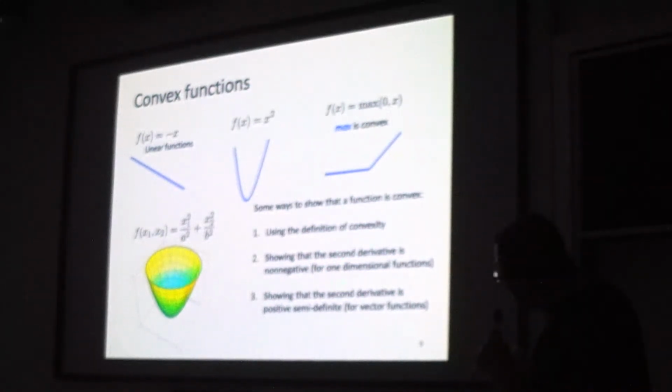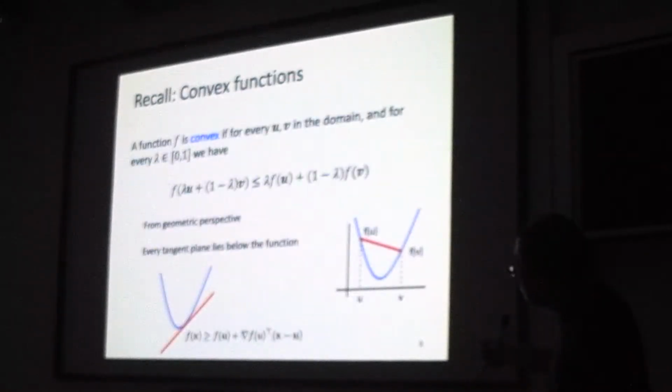And third, if your function is twice differentiable and it's a vector function, you can show the Hessian matrix is positive semi-definite. But regarding how you get from this to the convex inequality, this is not in the scope of this class. If you're interested, you can take a look at any textbook about convex optimization.